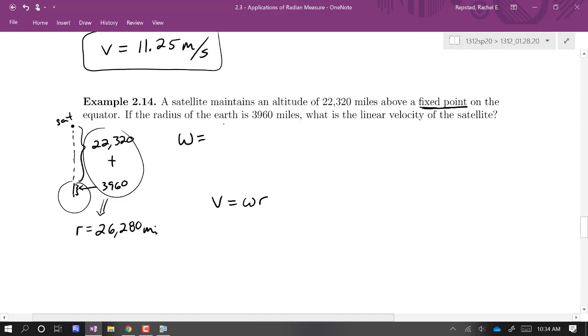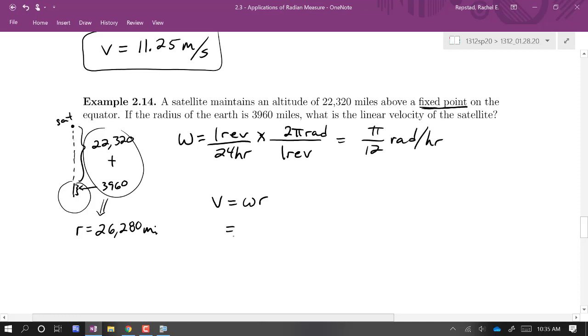So we know what omega is in revolutions per hour. How many radians in a revolution? 2 pi. And so we can reduce, we get pi over 12 radians per hour.